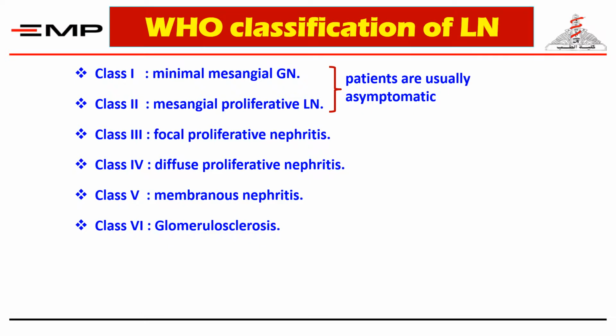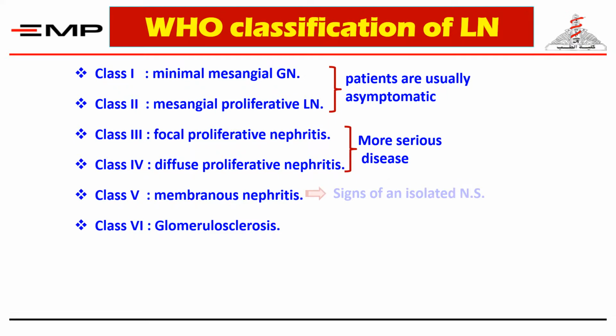Class 3, focal proliferative nephritis. Class 4, diffuse proliferative nephritis. These two classes are more serious and require early diagnosis and meticulous, aggressive treatment to prevent further morbidity and mortality.